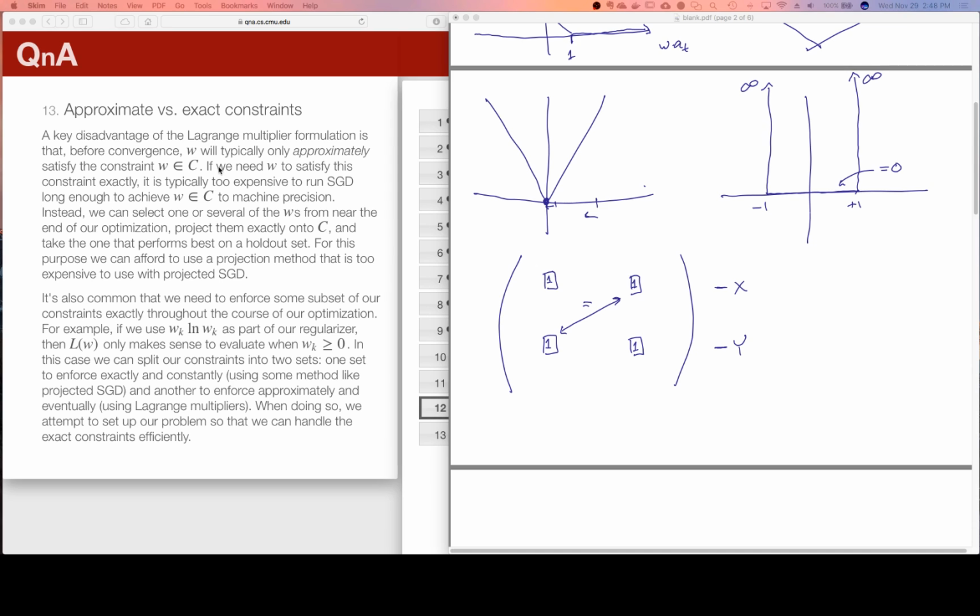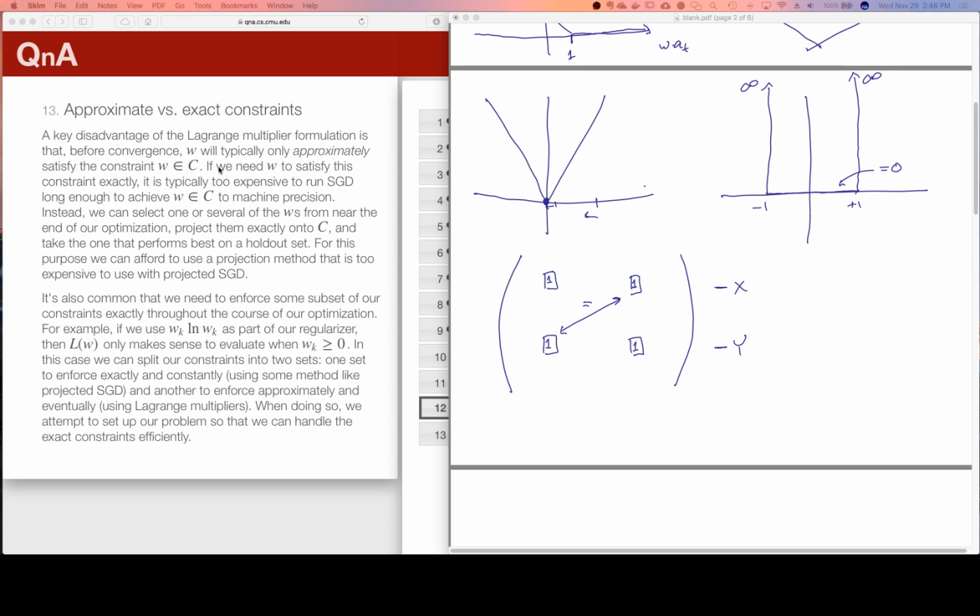On the other hand, Lagrange multipliers can handle much more complicated constraints. They can handle, for example, arbitrary linear equalities and inequalities. And so you don't have to worry as much about the existence of an efficient projection algorithm. However, because we're using SGD and dropping those constraints, we're going to wind up effectively satisfying the constraints only in the limit after you've been running SGD for a while.